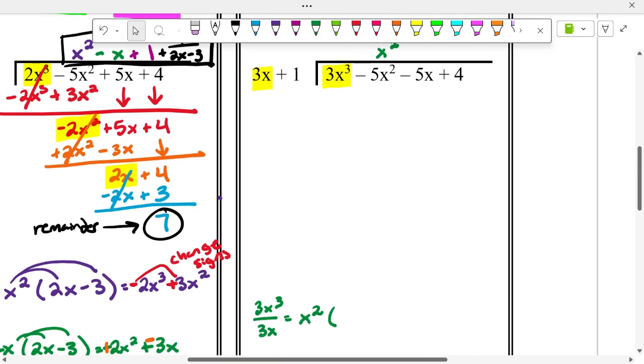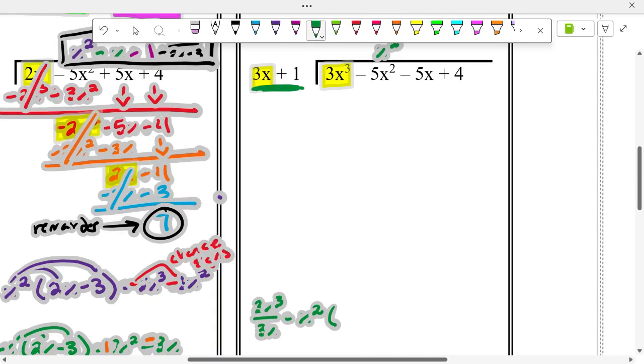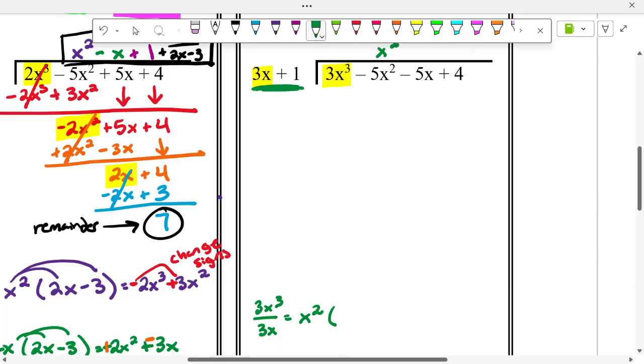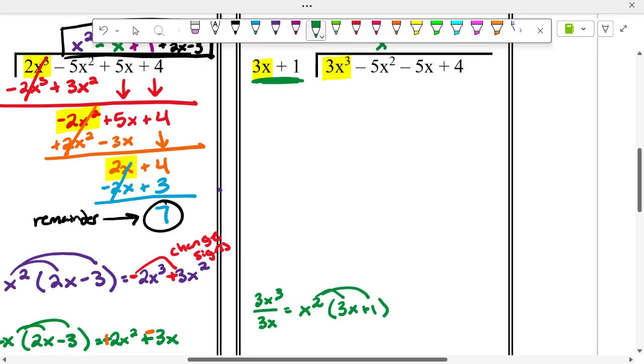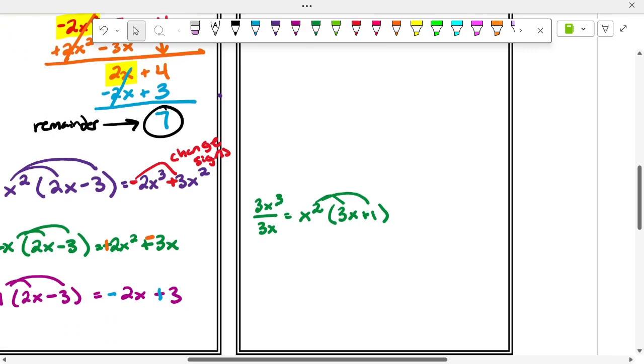We always multiply to the 3x plus 1. So you always multiply to the divisor. So mahogany, when you distribute that x squared, what do you get? So 3x cubed plus what? It's x squared times 1. X squared. Good.